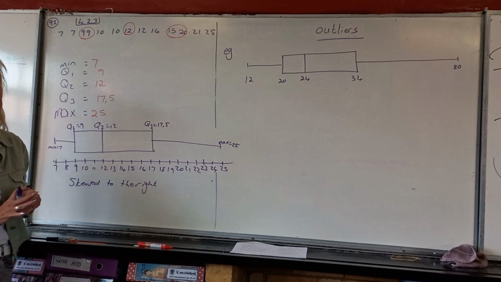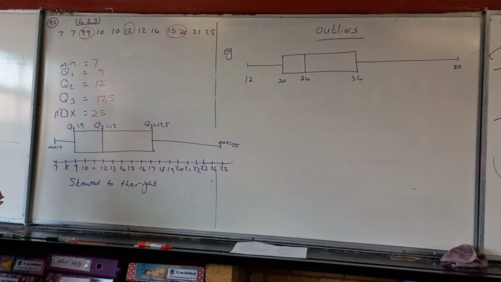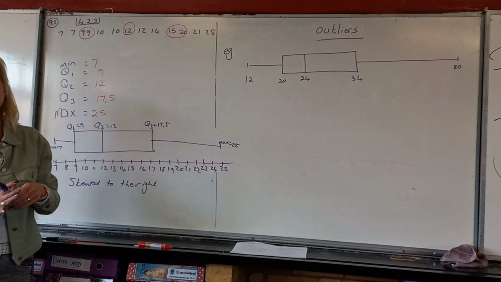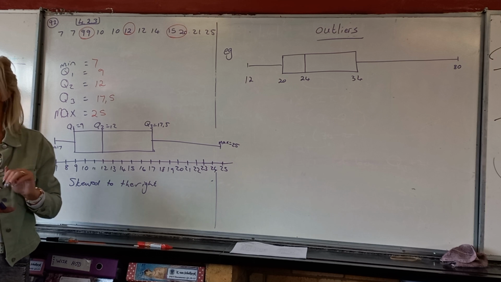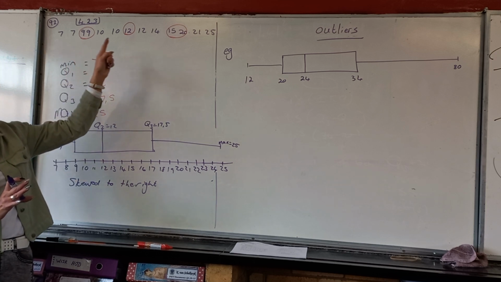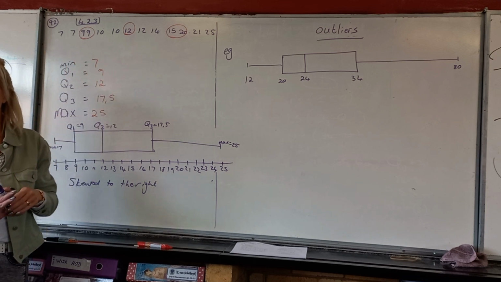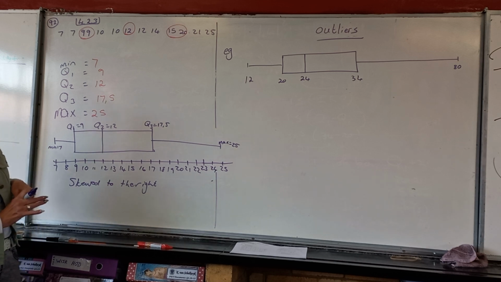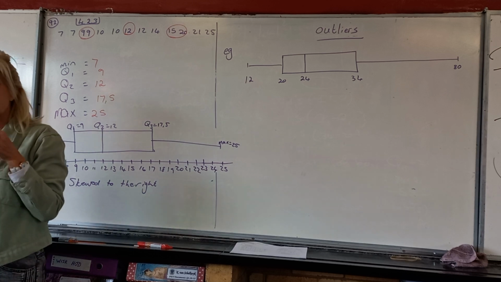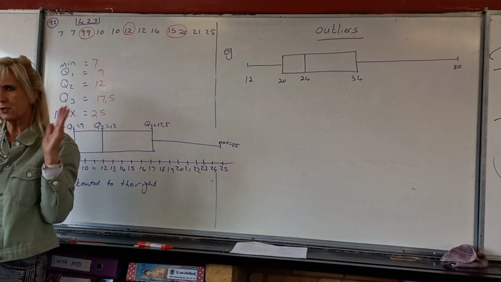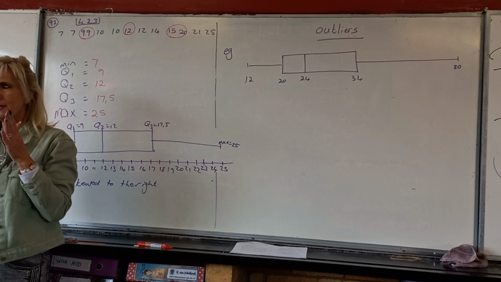Okay, let's look at some outliers. If you had to go have a look at these sums, because this is what you've been doing maybe a little bit because of COVID. If I look at that data set with 13 data pieces, do you think there's an outlier? No. Why not? Because what does an outlier do? It's that number that's clearly much bigger than the biggest one, or much smaller than the smallest one.